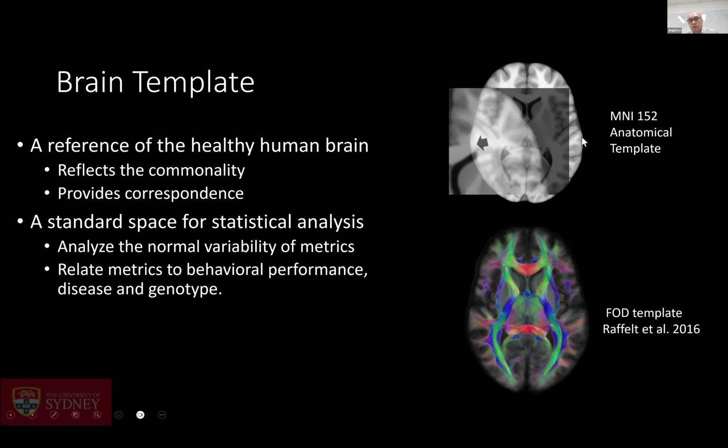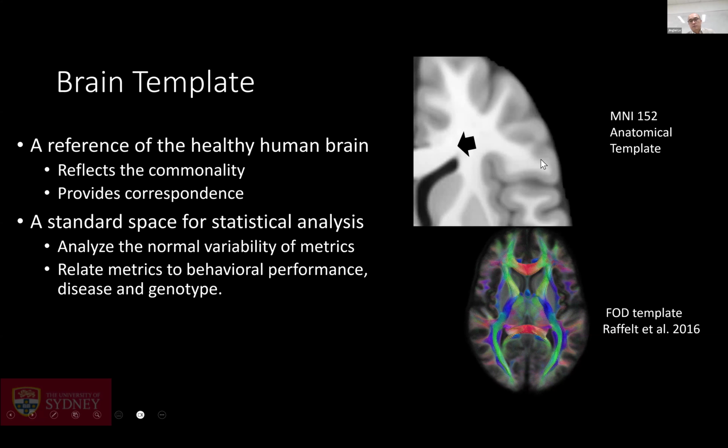You could see that it provides quite nice details about the folding patterns in the gray matter and the subcortical nuclei. But if you look at the white matter, there's quite limited information there. I think this is because of the limitation of the T1-weighted imaging modality.